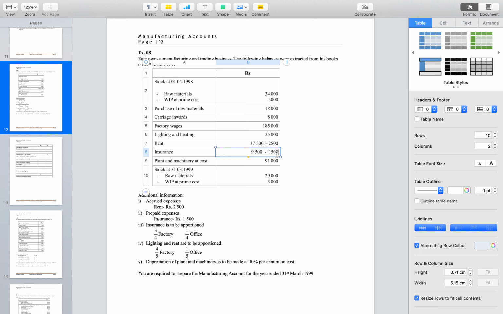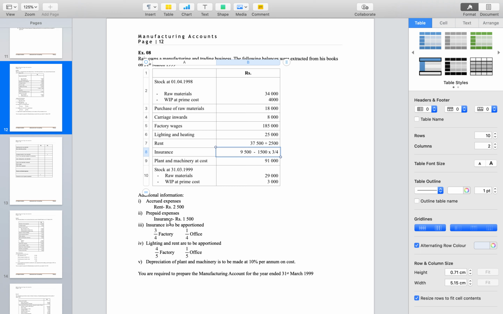So what you do to this answer is multiply that by 3 and divide that by 4. So again, remember what you're going to do: number 1, 9500 minus 1500 is 8000. On the 8000 we are only going to take 3/4, only the factory's component. The office component can be ignored because we are only preparing, as you can see over here, the manufacturing account.